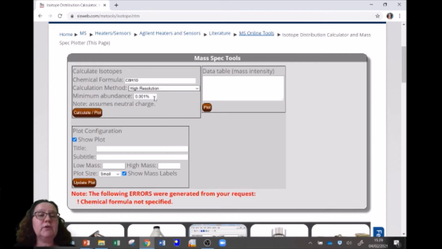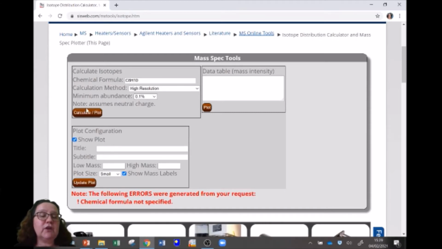You can also play with the abundance, having it at a very low sensitivity, so it only picks up the most abundant isotopes, or at a very high sensitivity in which it picks up very unlikely isotopes and isotopic combinations of the different atoms in the structure.